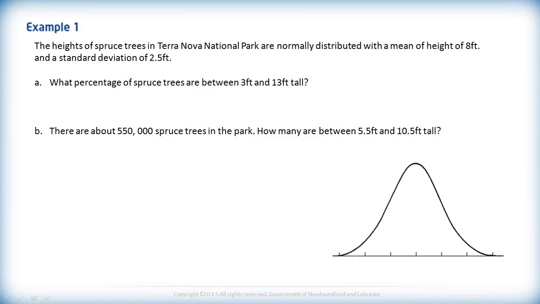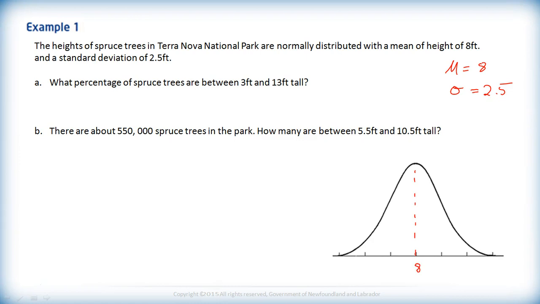Before I answer any questions, I'm going to use the sketch that we have over here. So we read the problem, I think we understand it, and the two quantities that they tell us about are the mean, which they say is 8 feet, and the standard deviation, which is 2.5. So we got that. Now we'll do our sketch. The mean goes right in the middle, so this is 8.